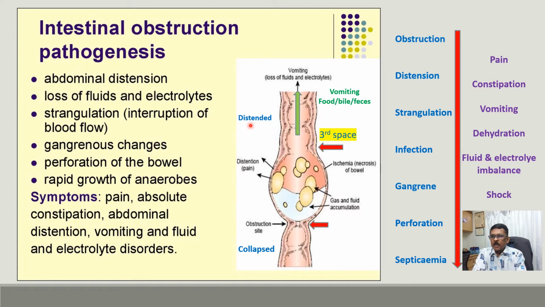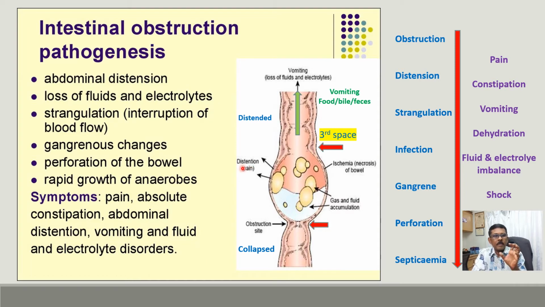The proximal segment gets distended due to the secretion and collection of gas and fluid that accumulates within this lumen, and it is not able to pass through because of the obstruction.